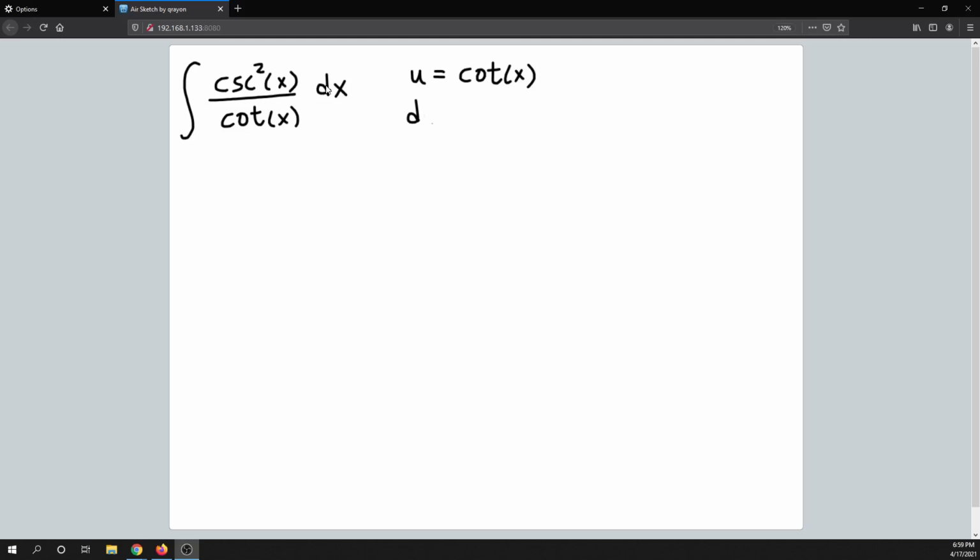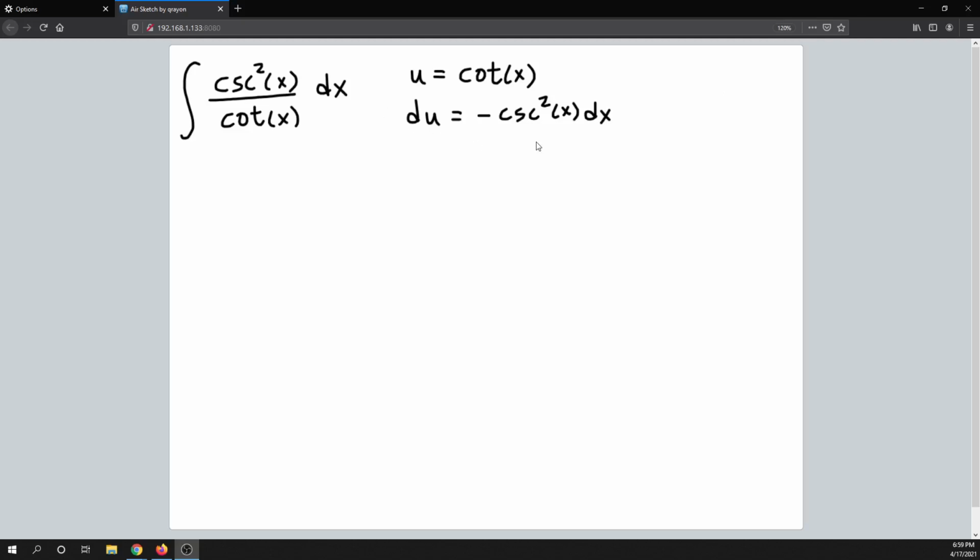Okay, so then we would calculate our du. The derivative of cotangent is minus cosecant squared x dx. And you can see, hey, we are off by a constant multiple here. We have a minus cosecant squared x, and we don't have one here. That's easy to fix, right?